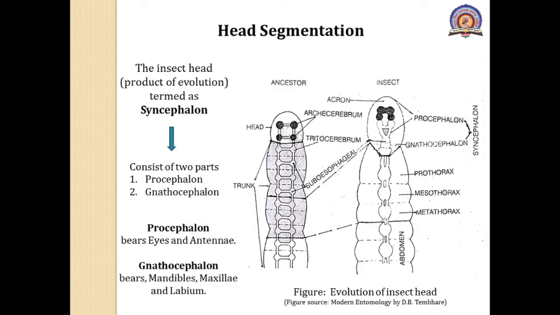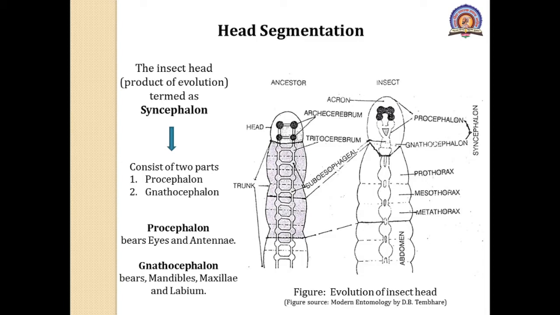The procephalon is thought to be derived from the ancestral head, which is known as the archencephalon, or is also referred to as the blastencephalon, after incorporation of at least one posterior trunk segment of the ancestor. And the brain of the insect is considered as a fused ganglion of the procephalon.